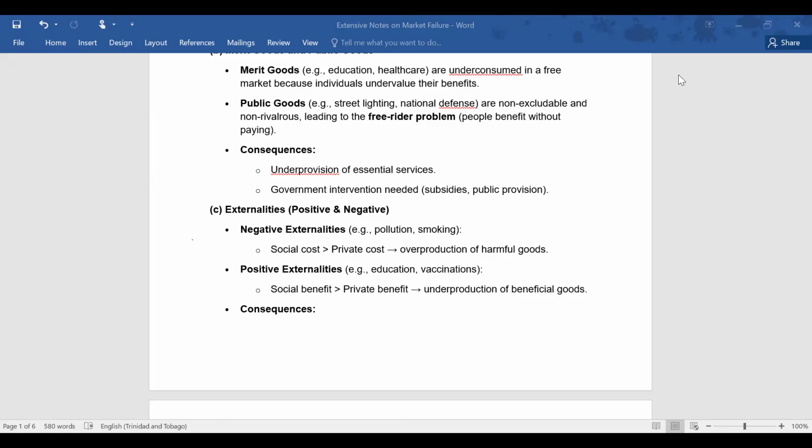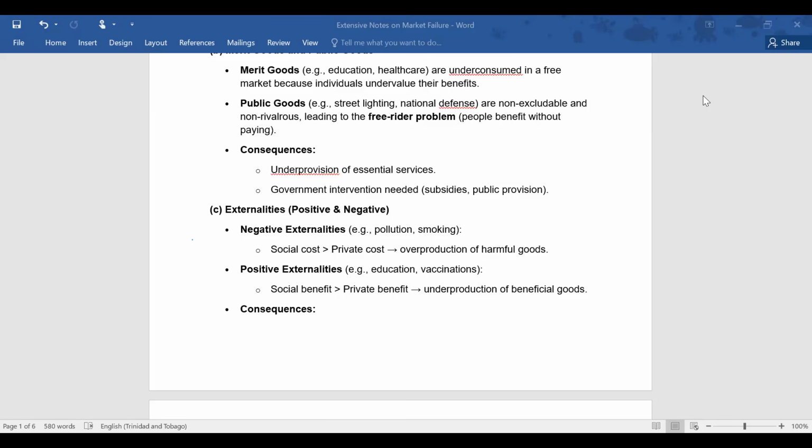So an externality is an effect on a third party from the purchase of a good or service. So for example, I decide to buy security cameras for my house. So I spend my money and buy security cameras for my house.